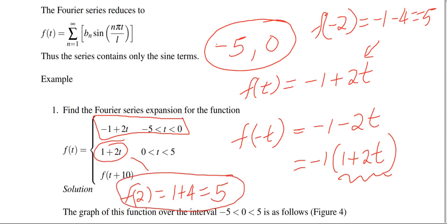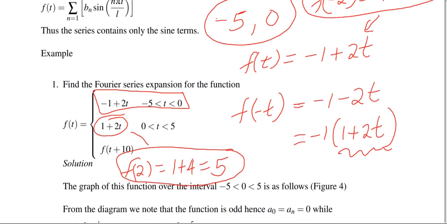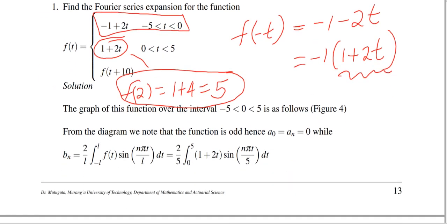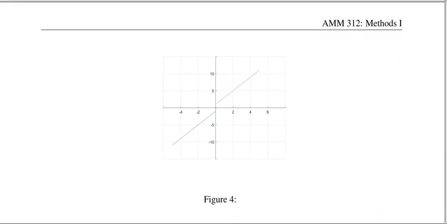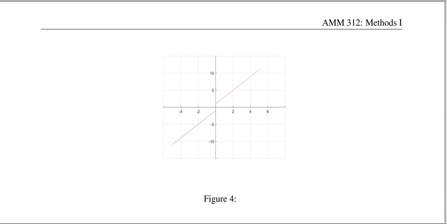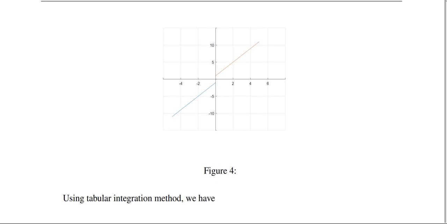They are both 5 in magnitude, but they differ in sign, which means that the function is odd. We could also use the graph as we have here, and we see the kind of symmetry we have, which will tell us that the function is odd. So whichever method we use, we find that the function is odd.